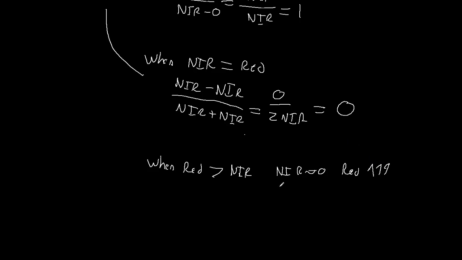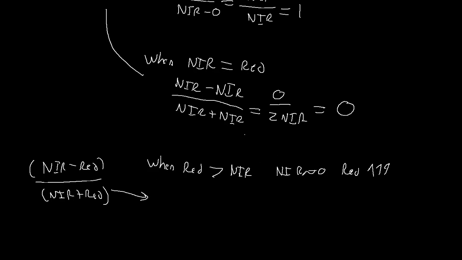What's going to happen to this equation? Well, let me just quickly do this again down here. We have NIR minus red over NIR plus red. This is just reiterating that equation from up there.